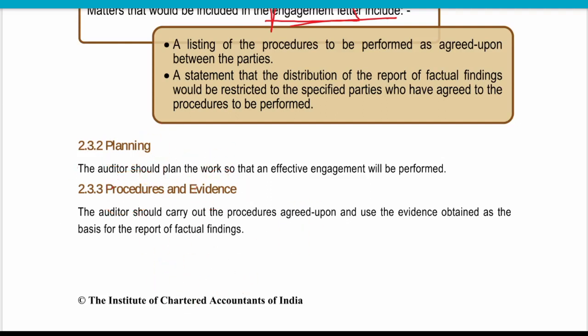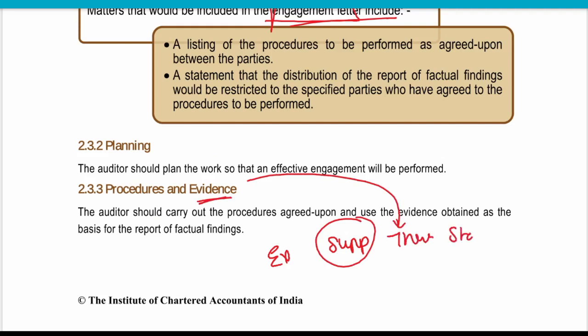Like in our example, how they will find the suppliers' evidences, etc. So he has to get the third party statement or external statement, etc. So this is the procedure part, or gathering evidences.